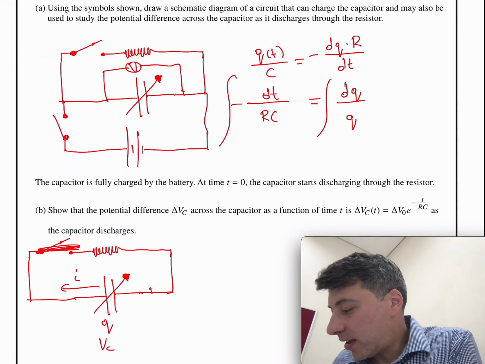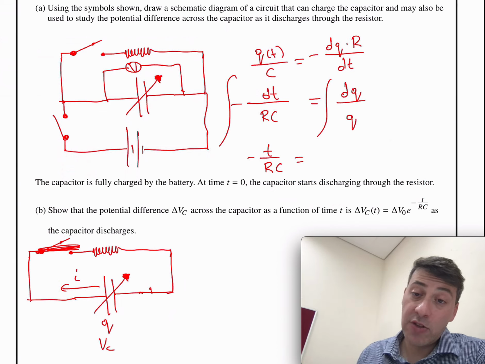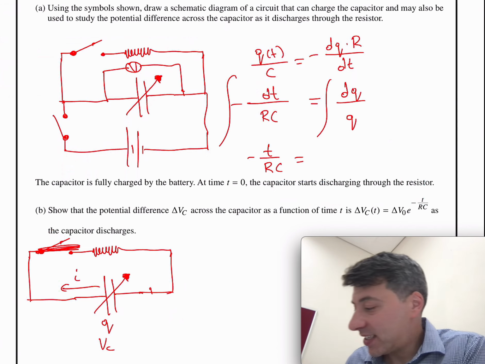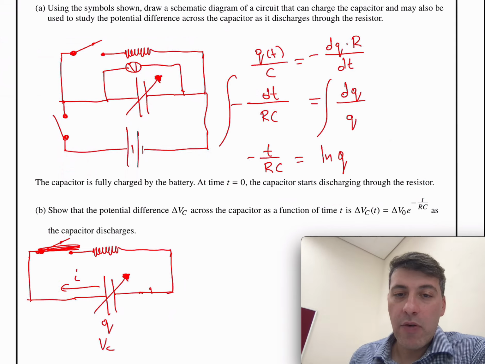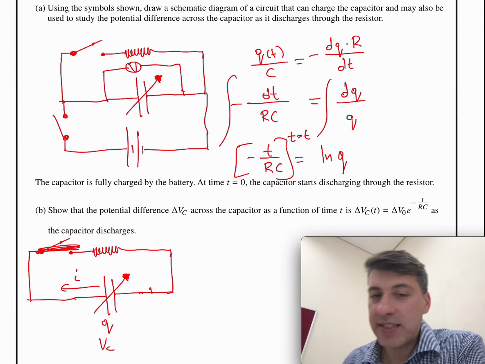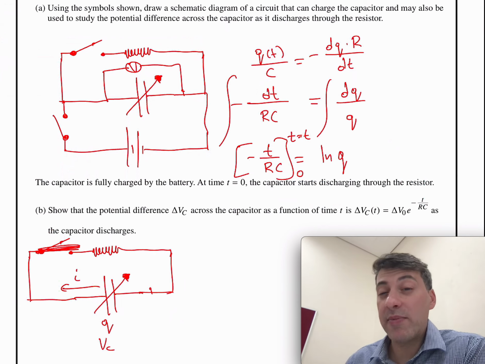Now the first integration is very easy, minus t over RC. The second integration is the integration of 1 over x, so it is ln of x. However, I'm going to write ln of q. For the time, we need to say from time 0 to time that is variable.